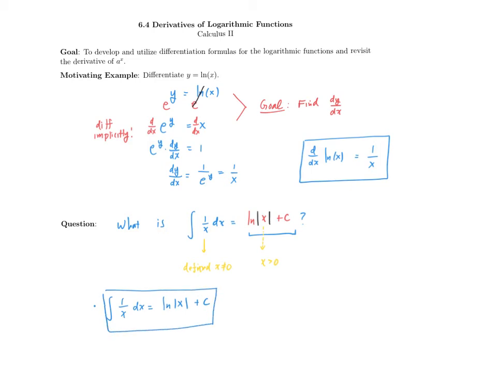And this is something that we should be extremely excited about because we've filled in a major gap that we've had ever since Calculus 1. Recall this very common antiderivative formula that undoes the power rule of differentiation. The antiderivative of x to the n is 1 over n plus 1 x to the n plus 1 plus c.